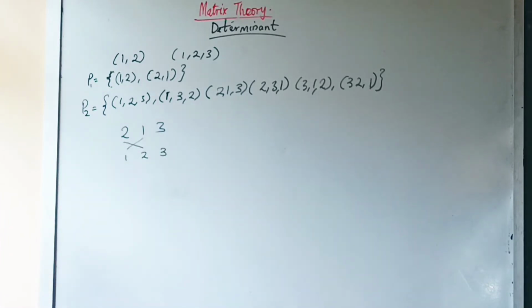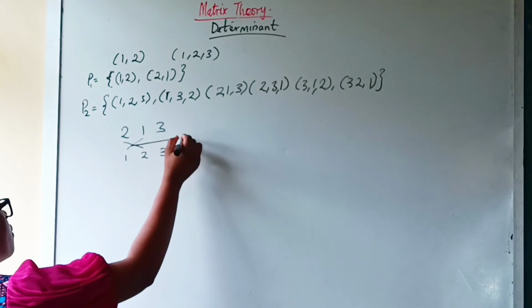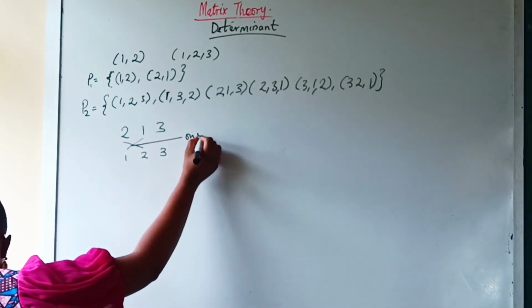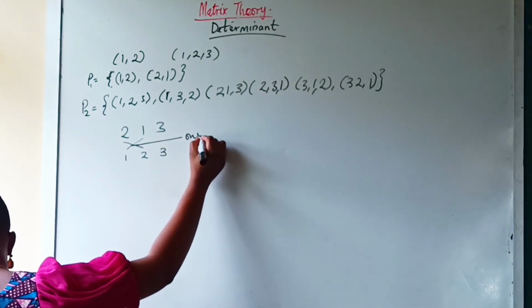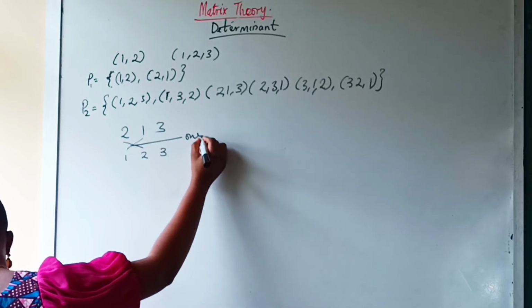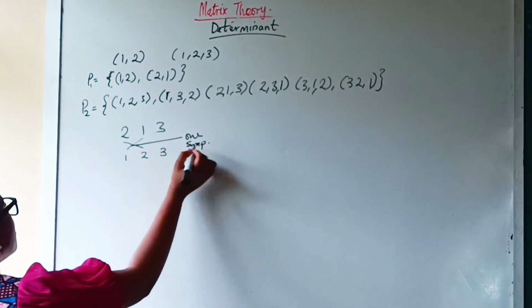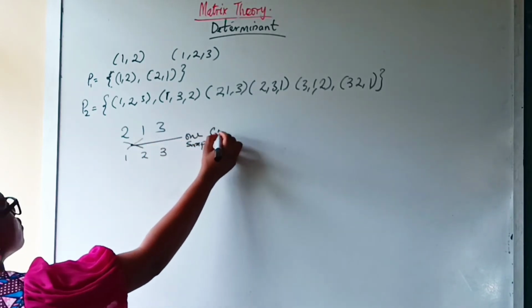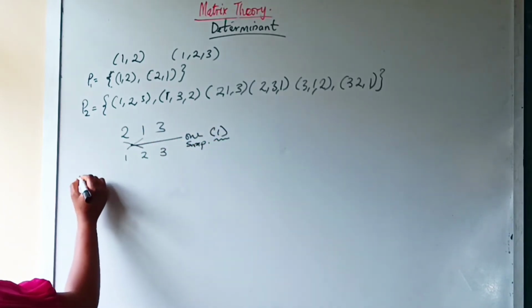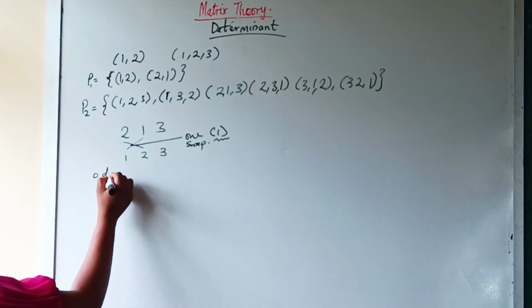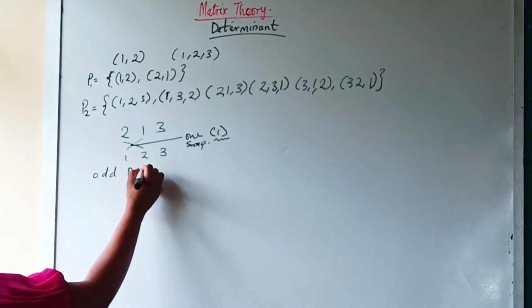So that's one swap. And since this is one swap, the order of this swap is odd. And we call this an odd permutation.